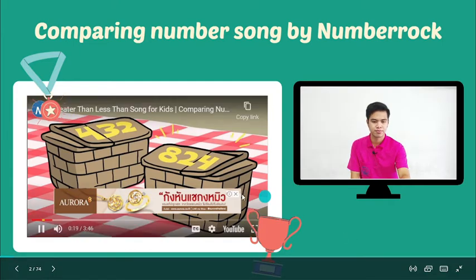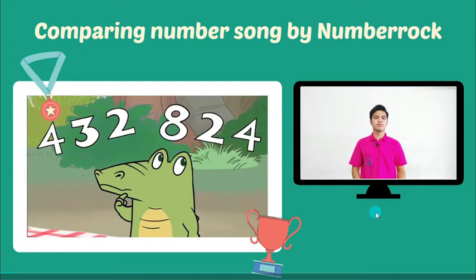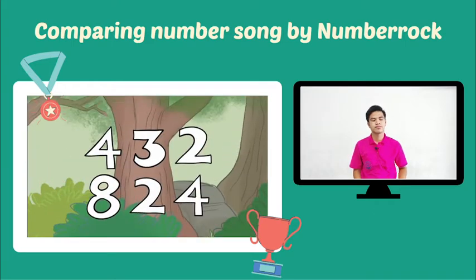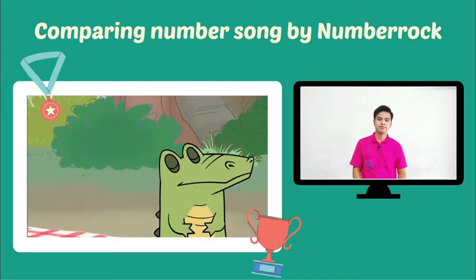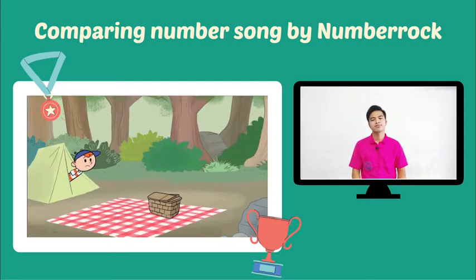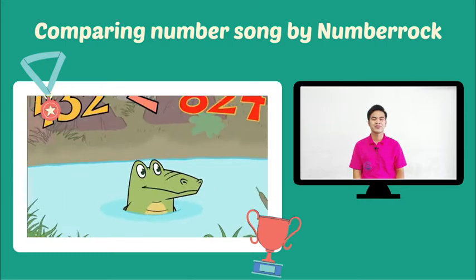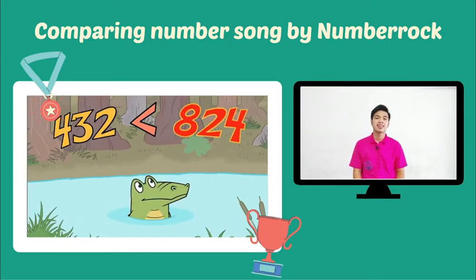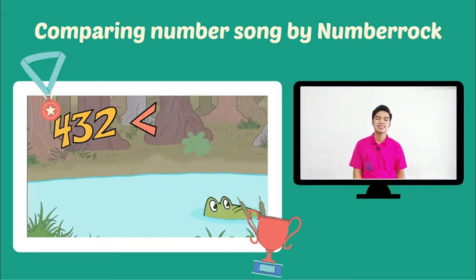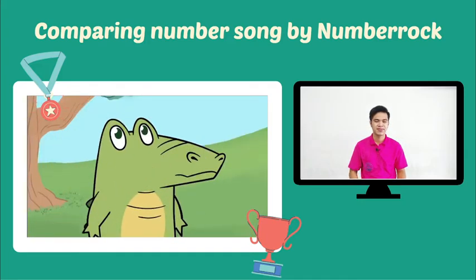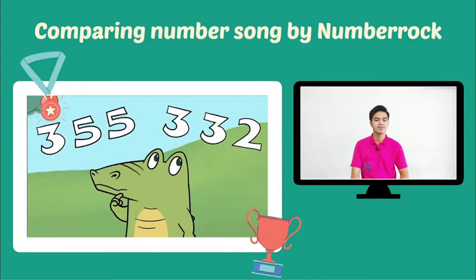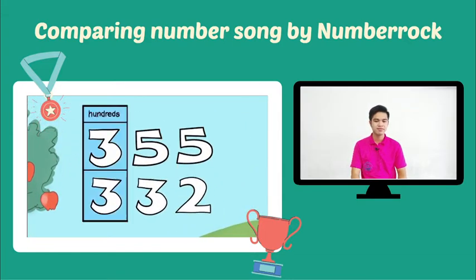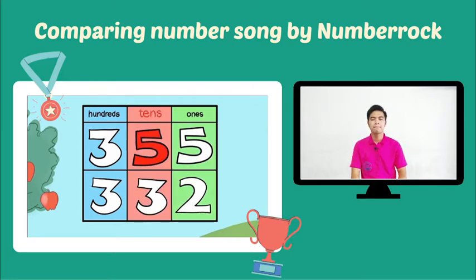432 and 824. The gator eats the one that's worth more. He looks at the place values from left to right. It's the greatest hundreds place, so he takes a big bite. The hungry alligator eats the number that's greater. The number that is least is never part of his feast. 355 and 332. The gator needs to eat the one with the greater value. He looks at the place values from left to right. 5's the greatest tens place, so he takes a big bite.